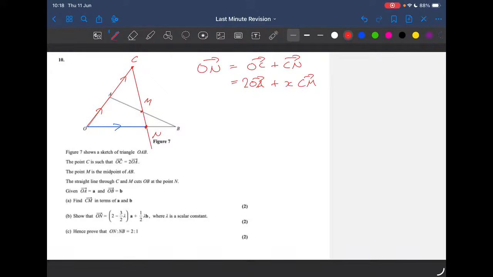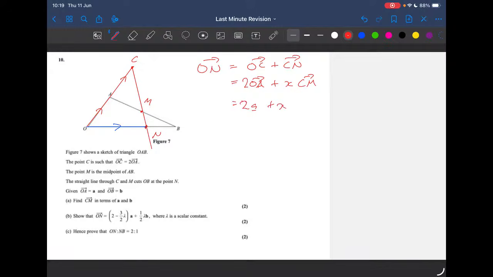Once we've done that, let's keep going. We know where C to M is, but how do we actually get there? OA is just 2A, that's the definition of it.